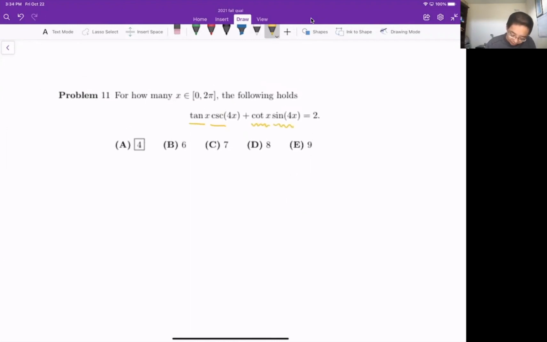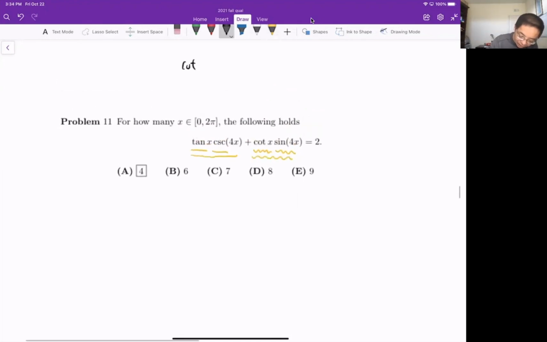Here, let's notice the relation between these two terms. Cotangent x equals 1 over tangent x, and cosecant 4x, by definition, is the reciprocal of sine, so the other factor is sine 4x.